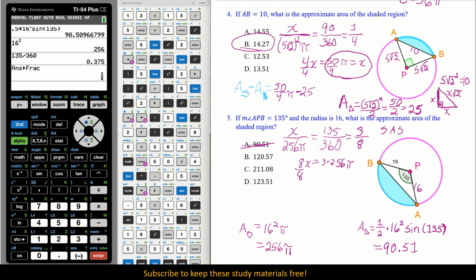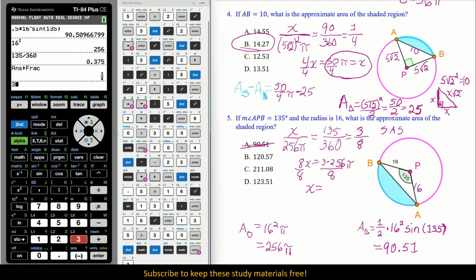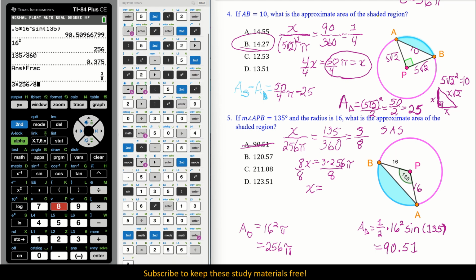Divide both sides by 8, and I will have my sector equaling, remember that's your sector, and then we have to subtract 90.51 from that, okay? All right, so 3 times 256 and divide that by 8, and we have 96 pi, which is correct.